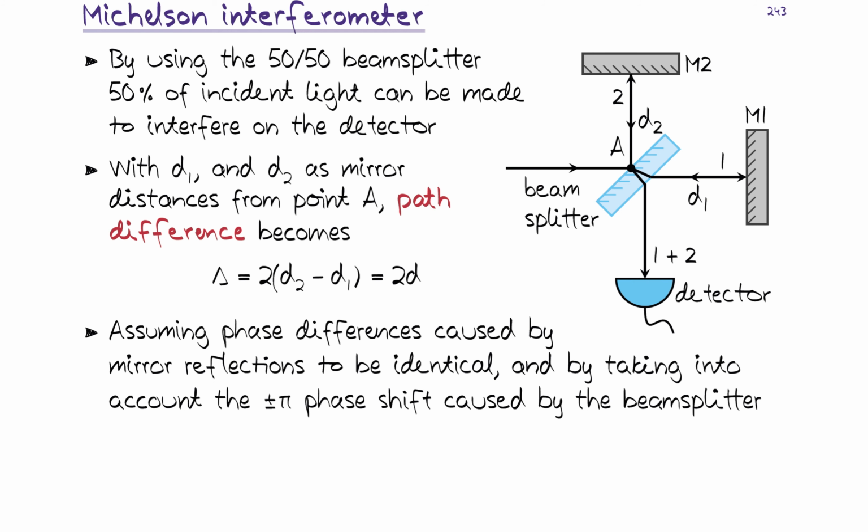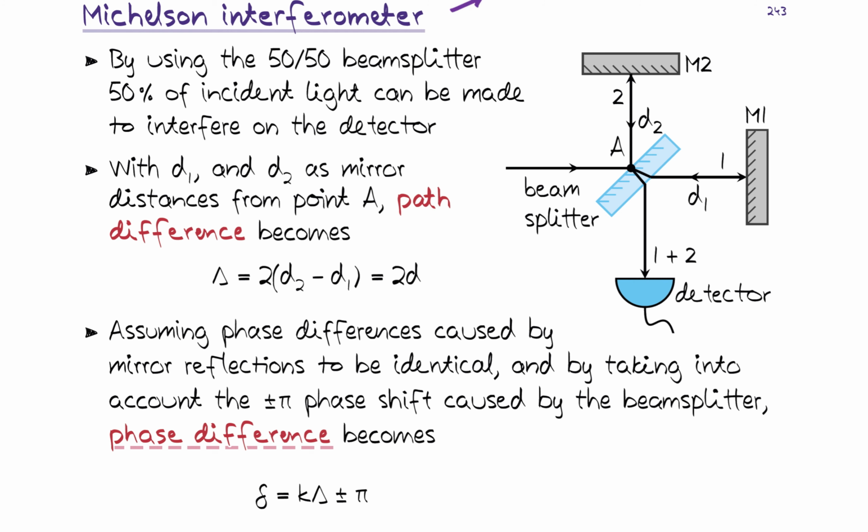And if we take into account the fact that we have either plus minus pi phase shift caused by the beam splitter, so essentially the reflection there, then the overall phase difference becomes of a form that we have the delta, and that equals the wave number k times big lambda plus minus pi.